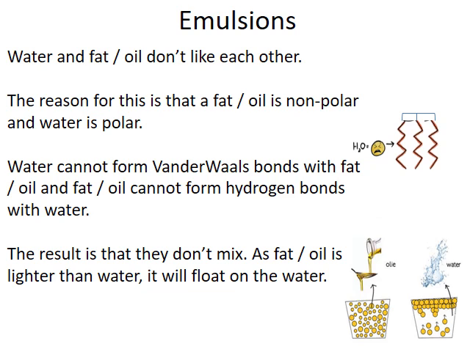So water cannot form van der Waals bonds with fats or the opposite. They don't mix. And because they don't mix, as you can see in the right bottom picture, the oil after a certain time will float upon the water. And this is something that we don't want in the creative cooking process. So we have to do something.